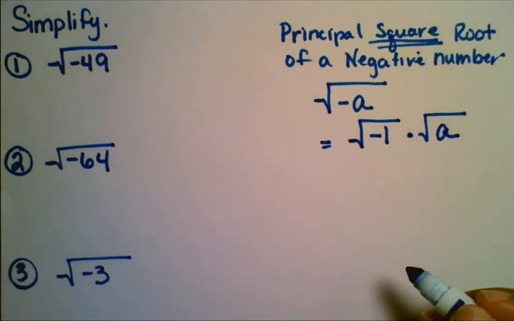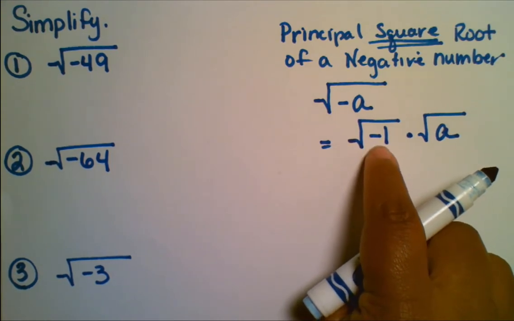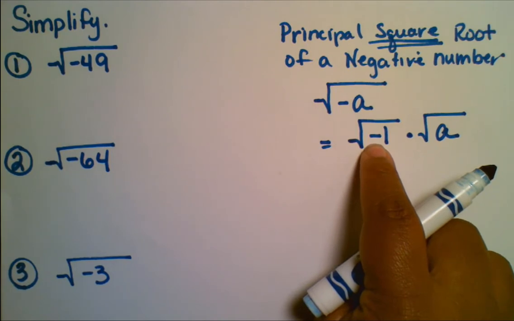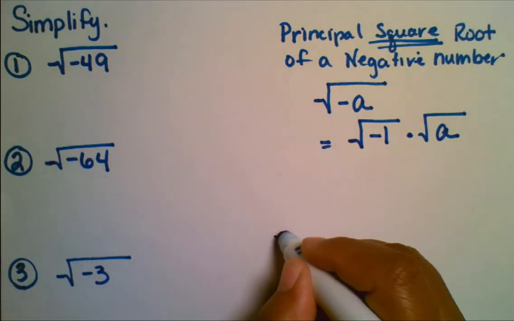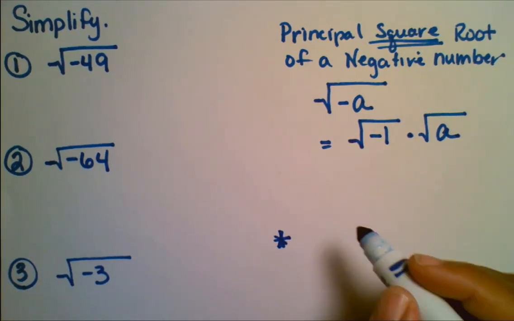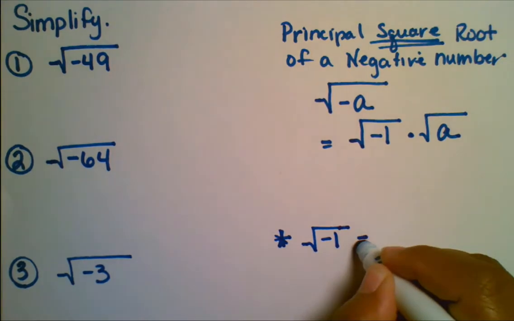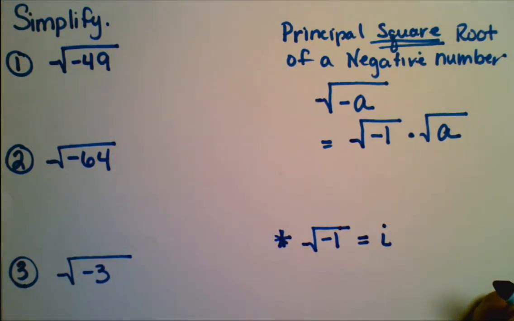Now remember, please note this in your notes: whenever you take the square root of negative 1, it's going to equal the imaginary unit i.